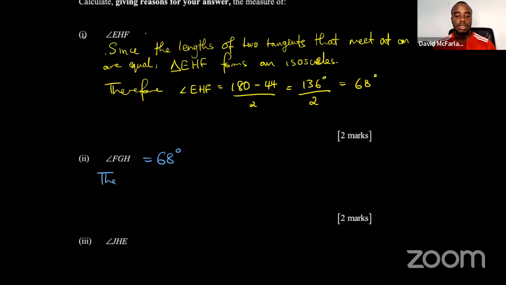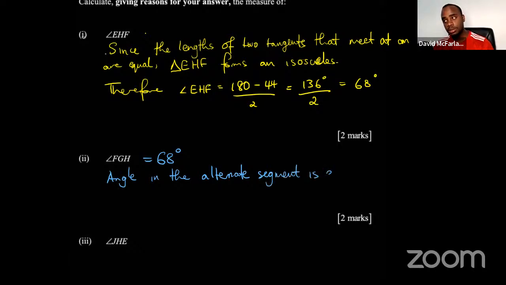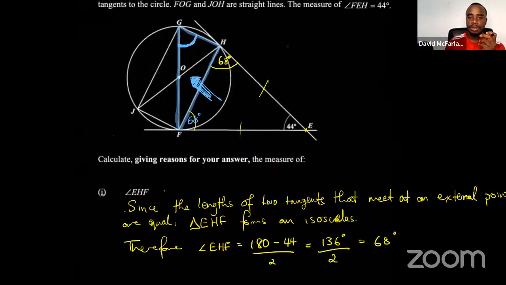Because angles in the alternate segment are equal. So that is one way that we could do it. That's how we know that this one up here is 68 degrees. All right? Everybody following me so far?